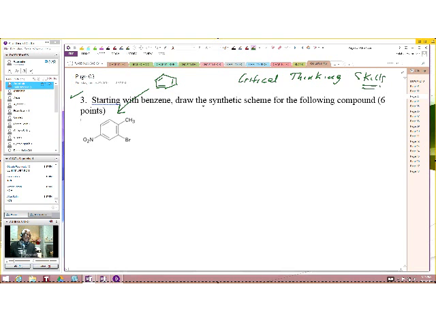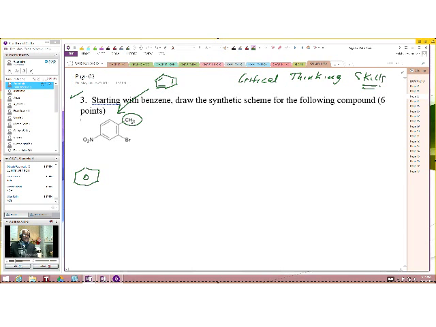Okay, let us start. I need your help now. We'll start with benzene, but before we do that, let us do a little bit of analysis. What do we have here? We have a methyl group on this molecule, so we need to replace a hydrogen on benzene with a methyl.